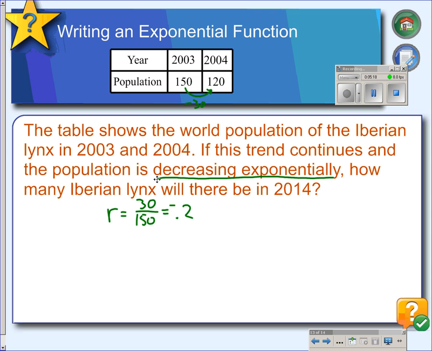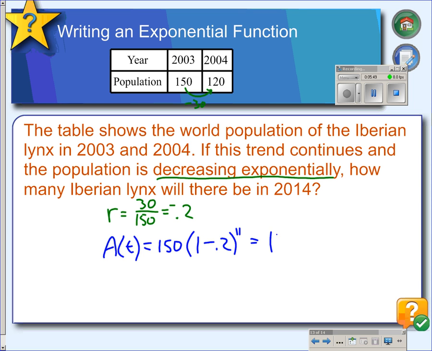So we want to find the amount of Iberian lynx. If we start with 150, our rate of decline is negative 0.2, and we want to know how many there are in 2014. From 2003 to 2014 is 11 years, so then you can put this in your calculator. 150 times 0.8 to the 11th power.